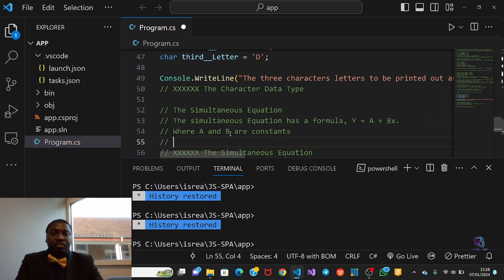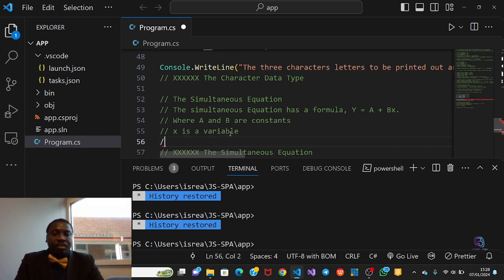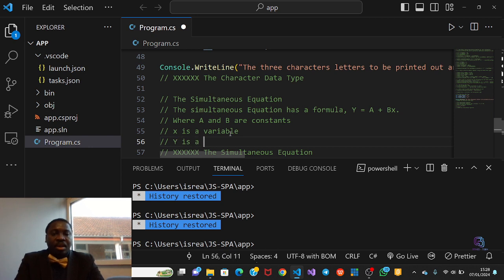then now x is a variable, and y is a variable too, but the main variable.